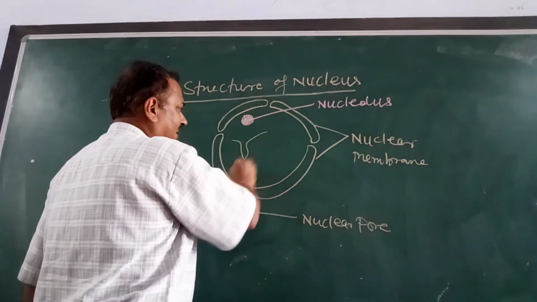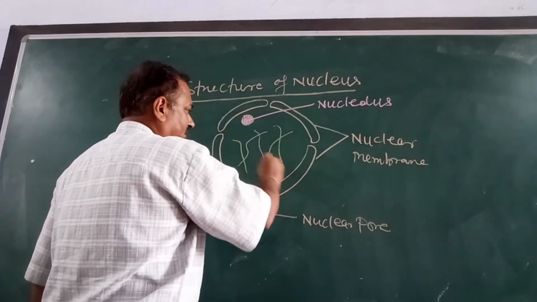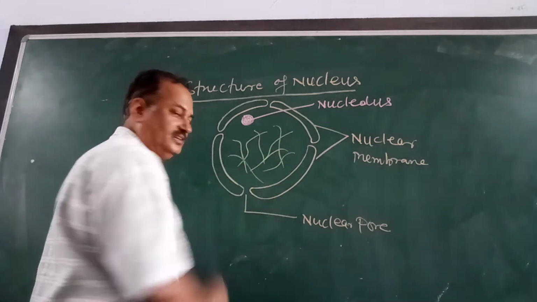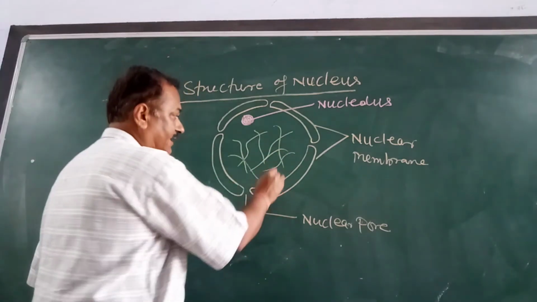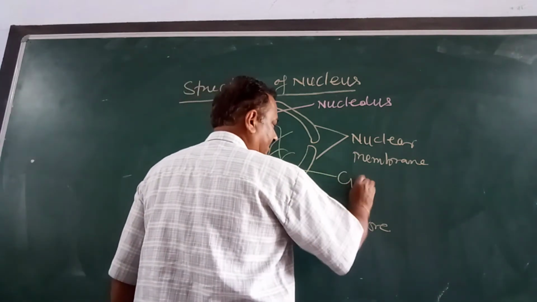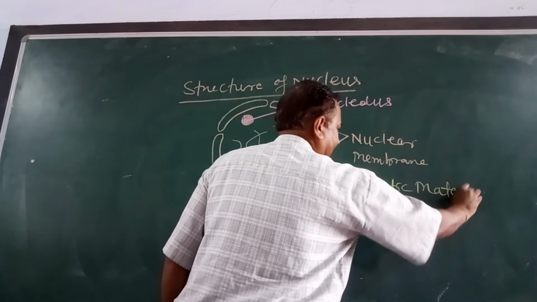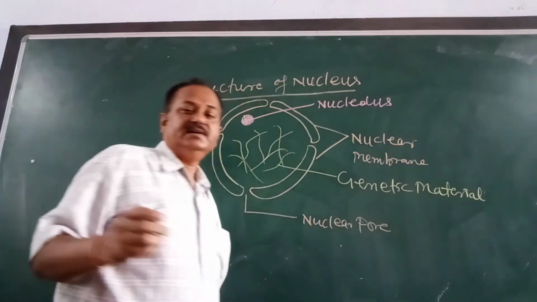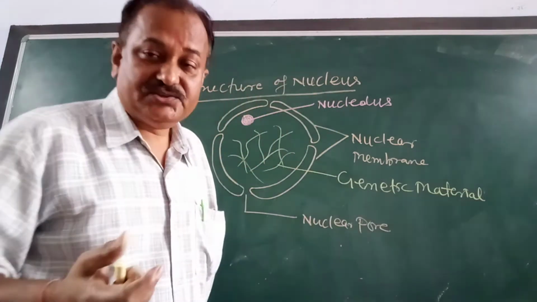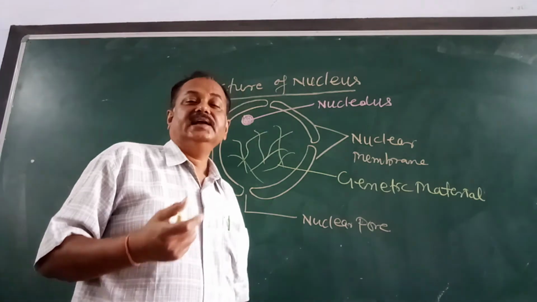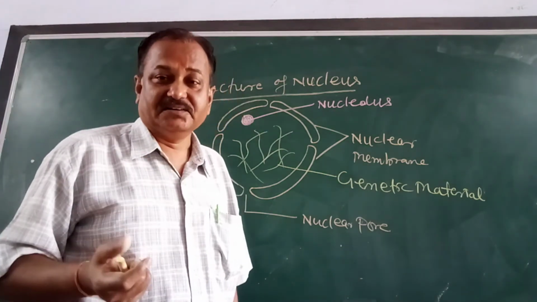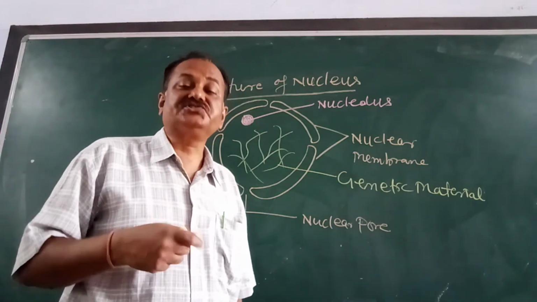Then there are the thread-like structures, and this is genetic material. Genetic material is the chemical substance which is responsible for the transmission of genetic characters from the parents to their child.